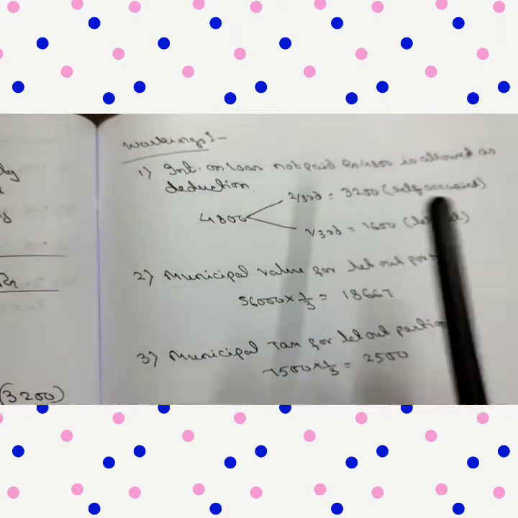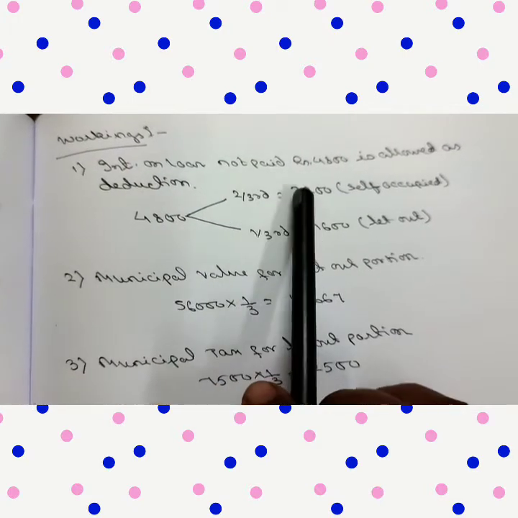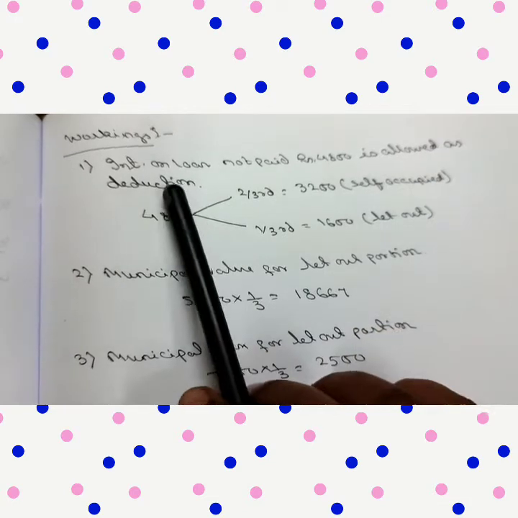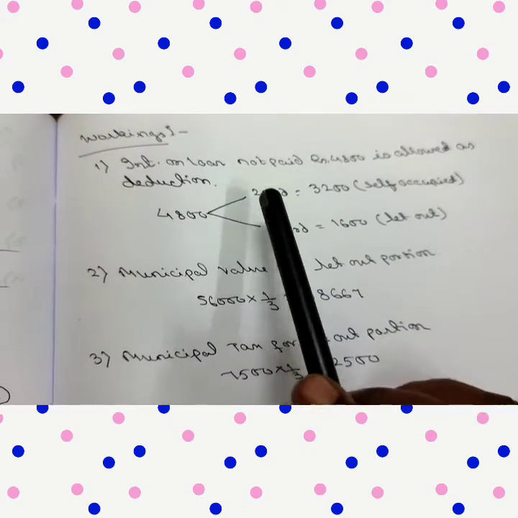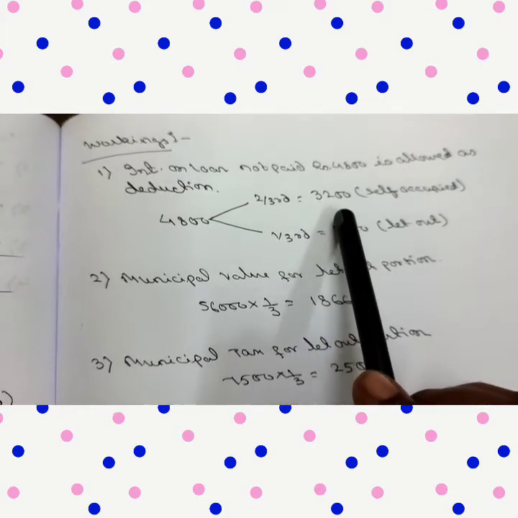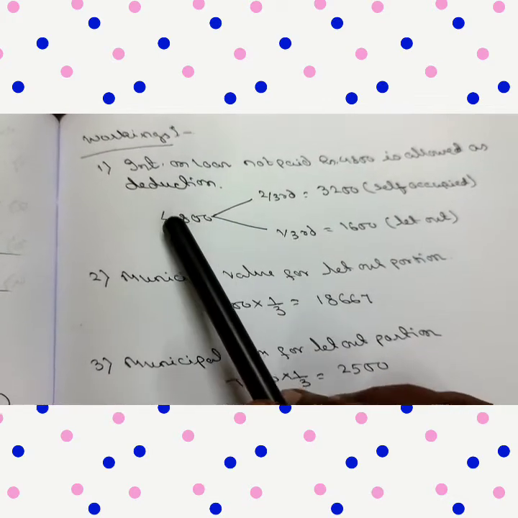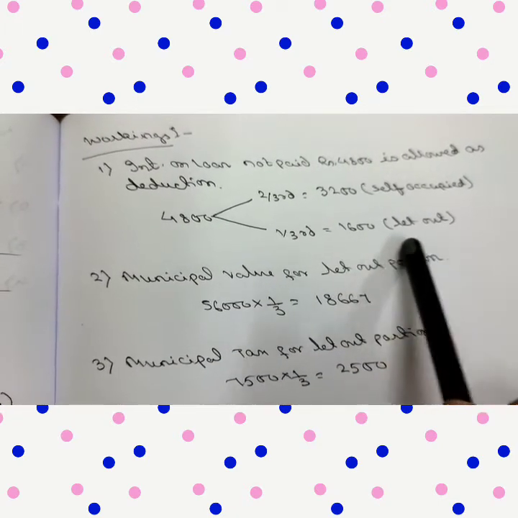Now come to the working note part. Interest on loan not paid rupees 4,800 is allowed as deduction. Now 4,800 is divided into two parts. One is 2/3, that is 3,200, this is for the self-occupied portion, and 1/3 of 4,800, that is 1,600, this is for the let out portion.